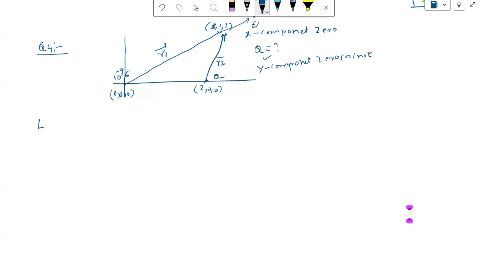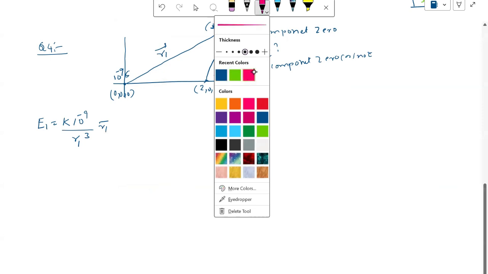Then E1 is equal to K into 10 power minus 9 by R1 cube into R1 bar, this is the vector form I will write. So here R1 bar and R2 bar find out first of all.